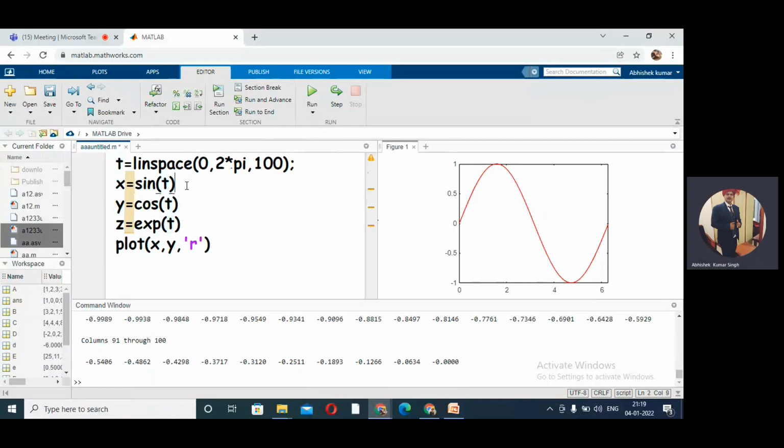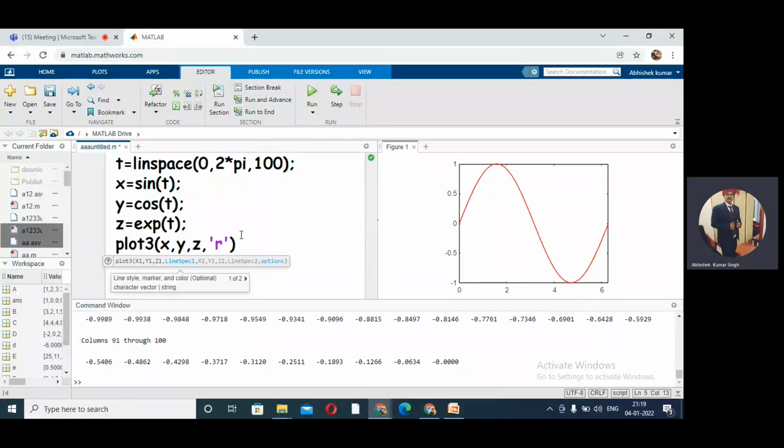So here we have 100 points of t, and for each t we get one set of points x1, y1, z1, x2, y2, z2, up to x100, y100, z100. So we get the 100 points in space. So this plot3 command will join all these points.